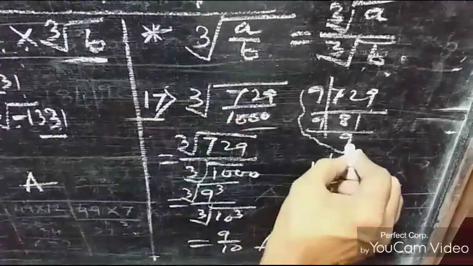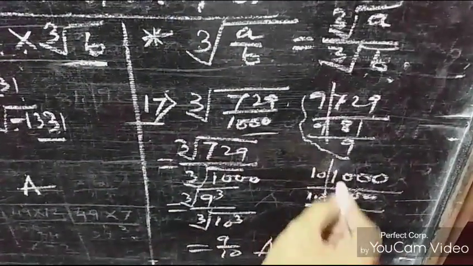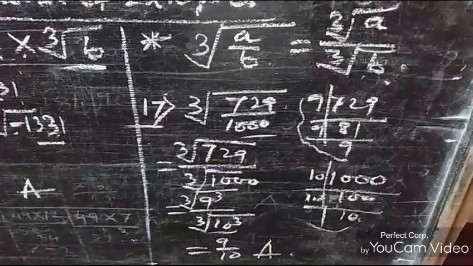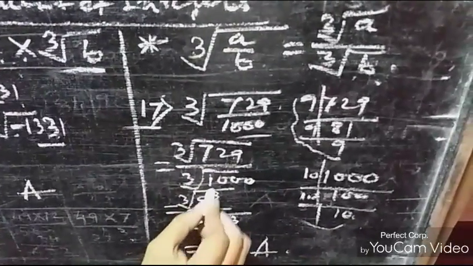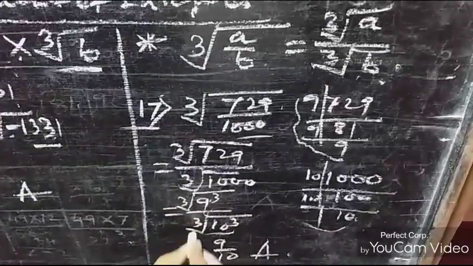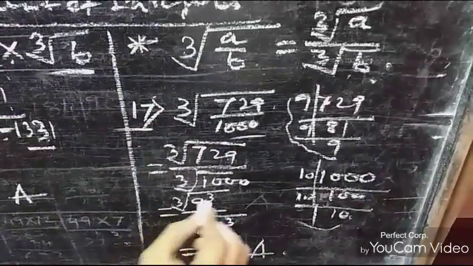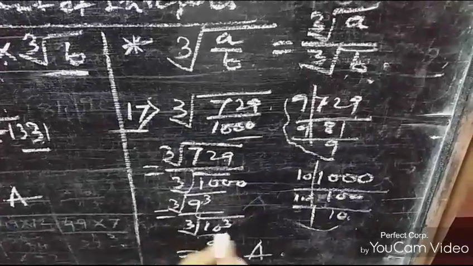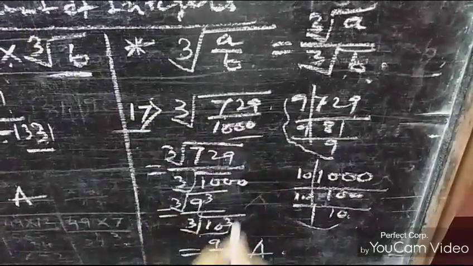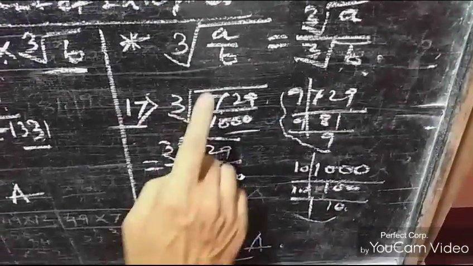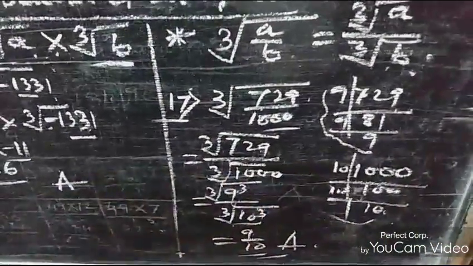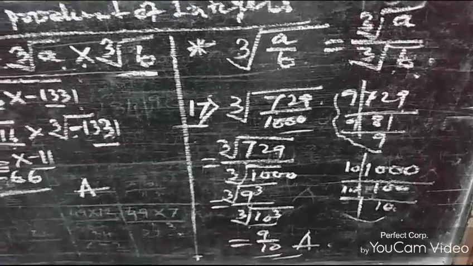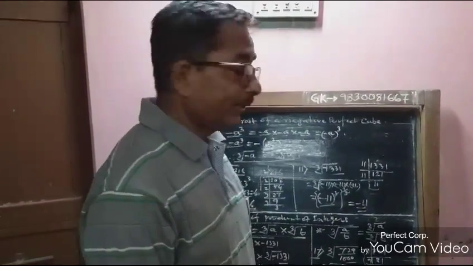It has come 9 cube, and 1000 has come 10 cube. So cube root of 729 by 1000 will be cube root of 9 cube divided by cube root of 10 cube. So cube root of 9 cube will be 9, cube root of 10 cube equals 10. So this is the cube root of any rational number or integers in the form of quotient.